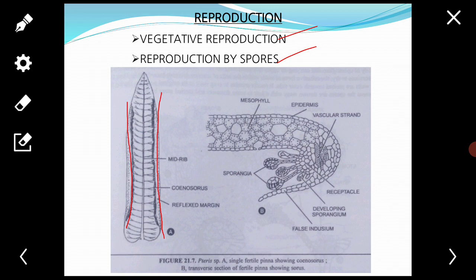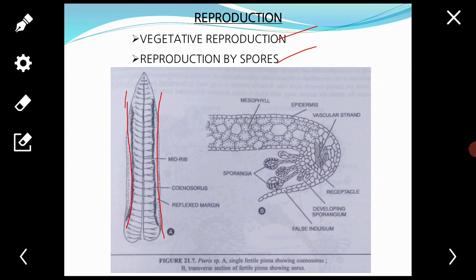Sporophyll and sori. The fertile leaf bearing sporangia is termed sporophyll. It is similar in form and structure to the vegetative leaf except for the presence of sporangia. The sporangia are borne on the lower margins of fertile pinnules.